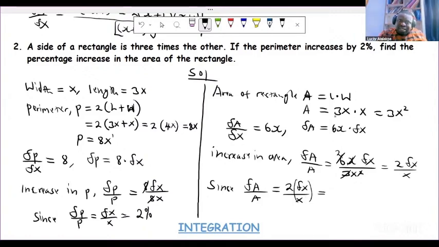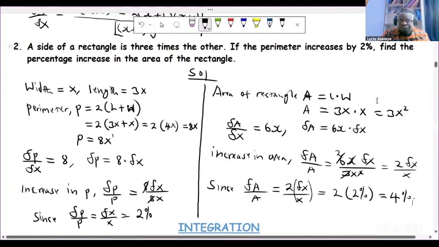Find the percentage increase in the area, right? So this becomes 2 multiplied by that 2%. So that becomes 4%. Is that clear? All right.